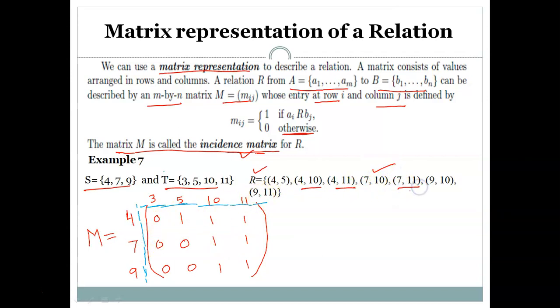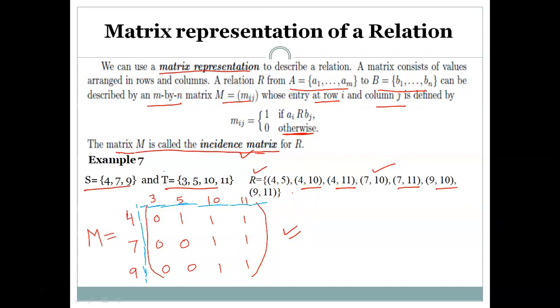Again, this is there, so you will write 1. Exactly in the same manner, 9, 3 is not there. 9, 5 is not there. Therefore, the entries will be 0, 0. But 9, 10 is there, and 9, 11 is also there. Corresponding to those, we have 1, 1. So this is the matrix representation of the relation.